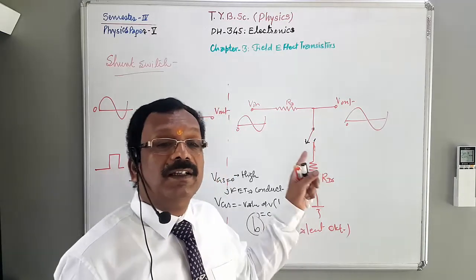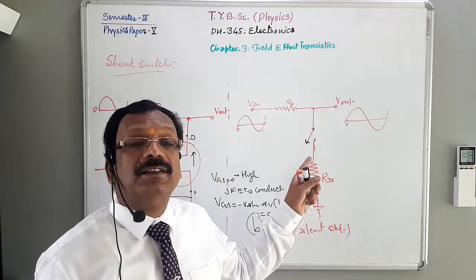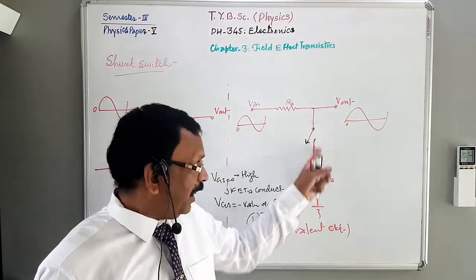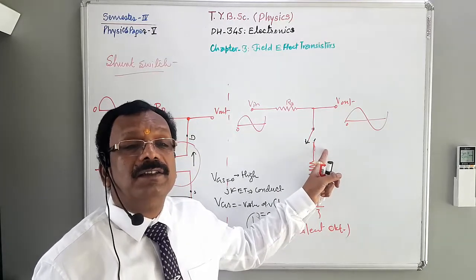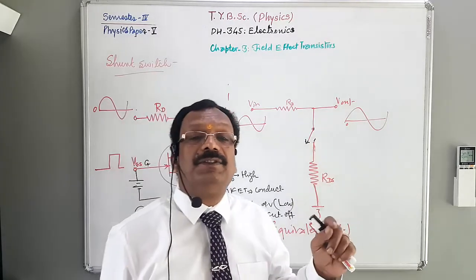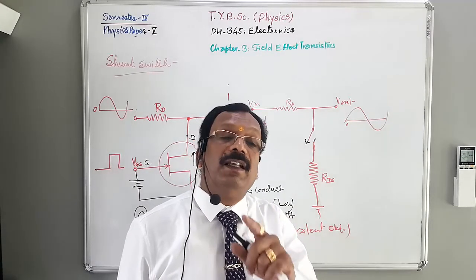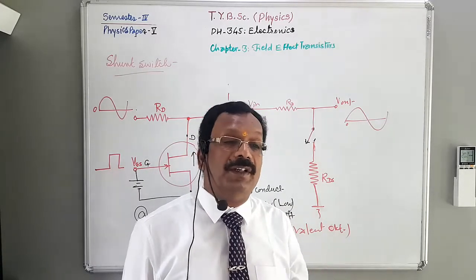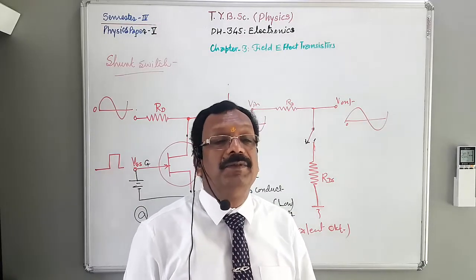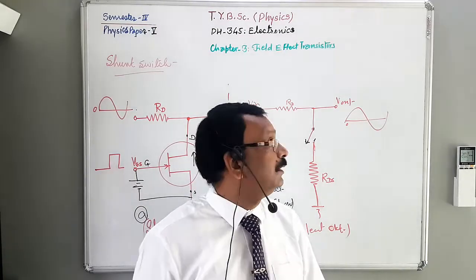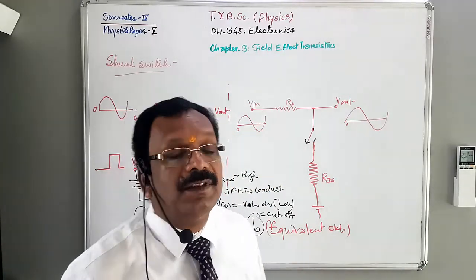Therefore, this JFET is a parallel or shunt switch, which either transmits the AC signal or blocks it. In this way, we studied the shunt switch.